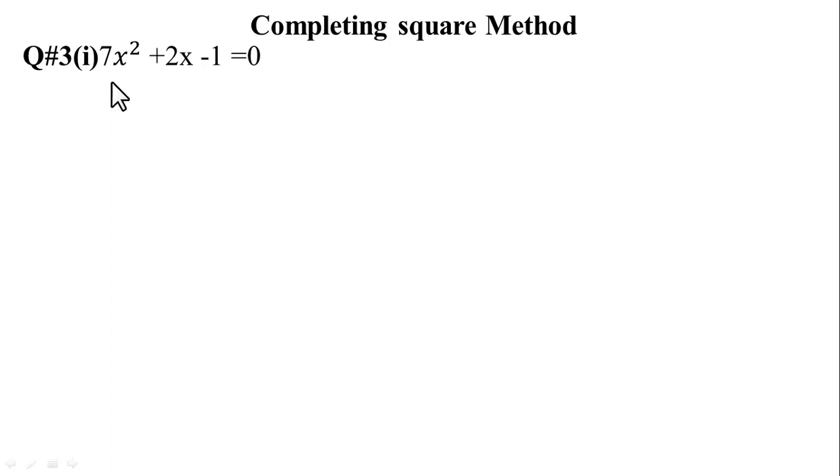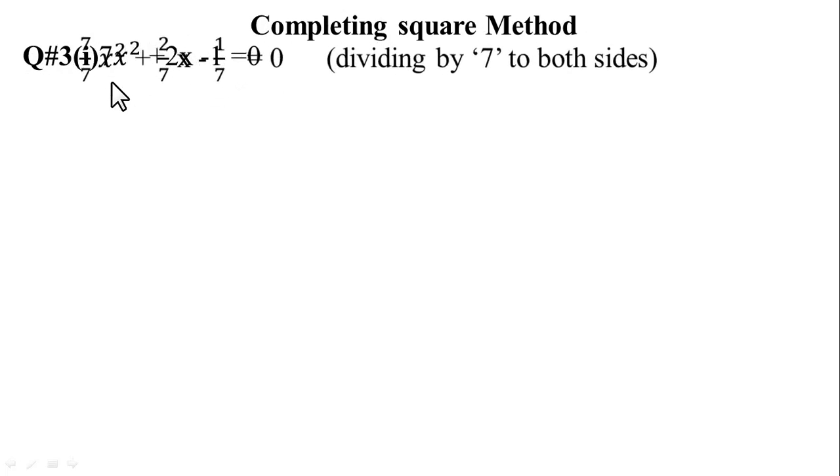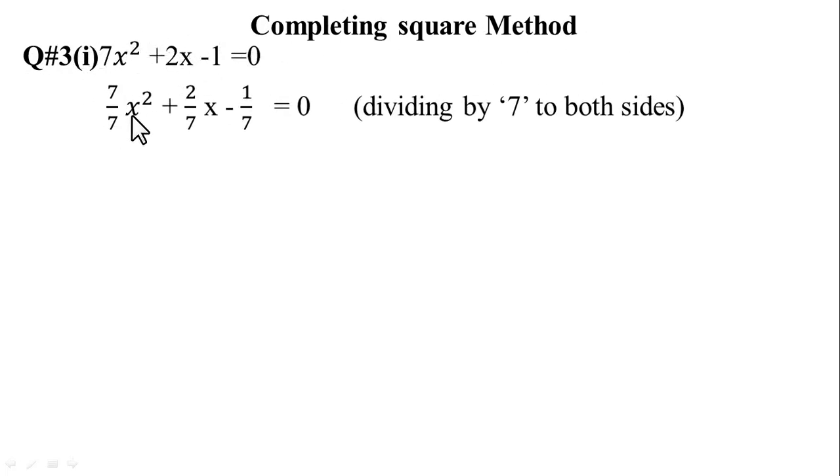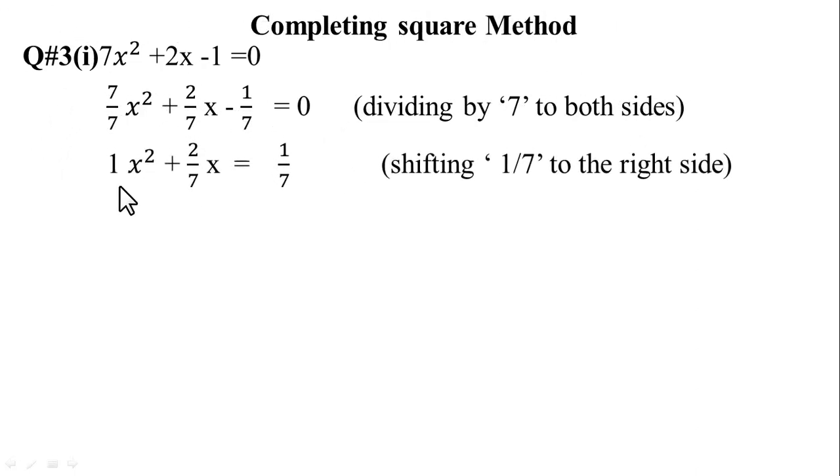Then we have 7 by 7 x square plus 2 upon 7 x minus 1 upon 7 is equal to 0, dividing by 7 on both sides. Now we have the required form of the equation: 1 x square plus 2 by 7 x is equal to 1 upon 7.